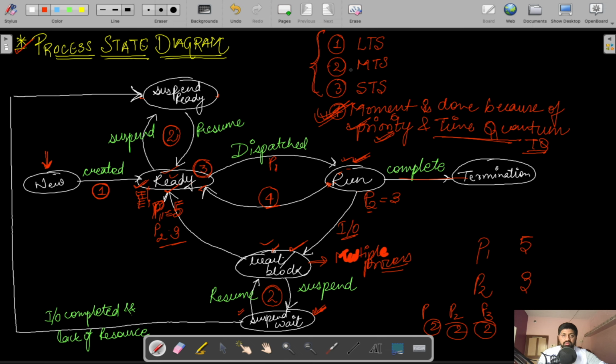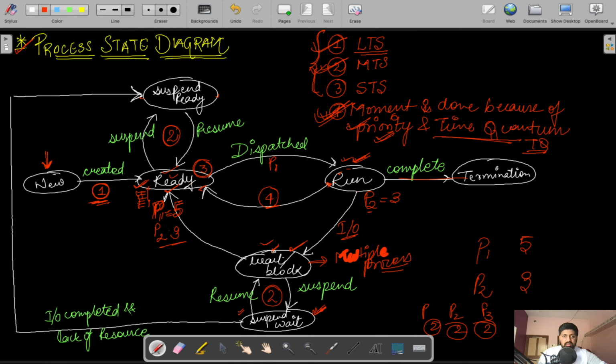Now we have 3 schedulers. The first one is the long-term scheduler. Its job is to create processes and bring them into the memory or the system. The medium-term scheduler helps us in swapping processes, moving a process from ready to suspend ready state or from wait block state to suspend wait state.